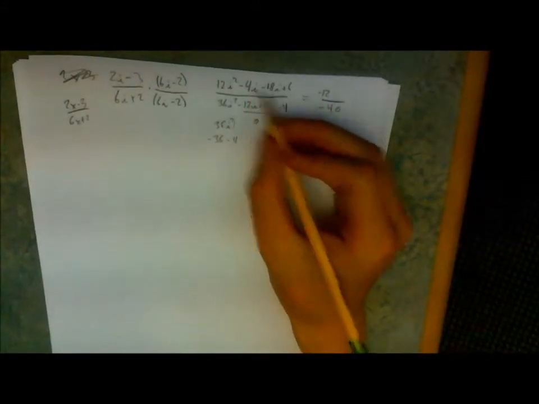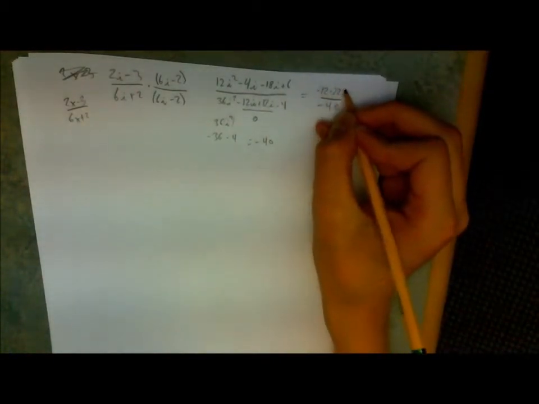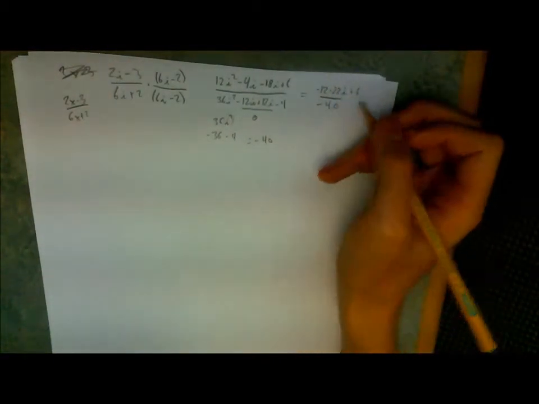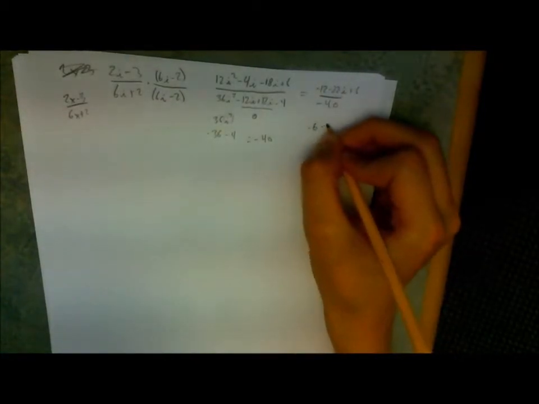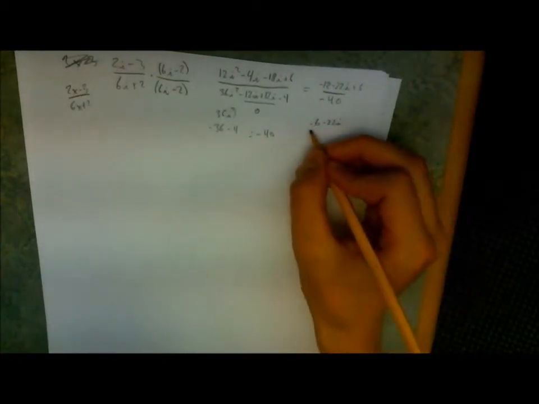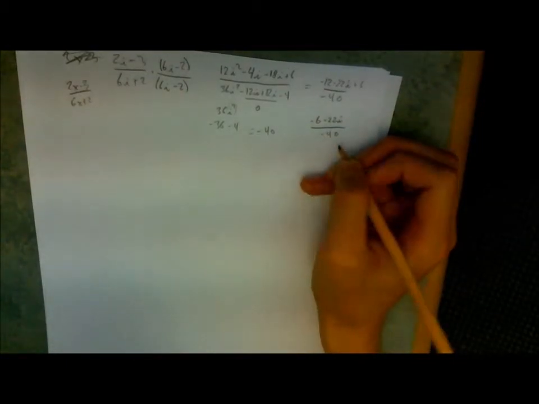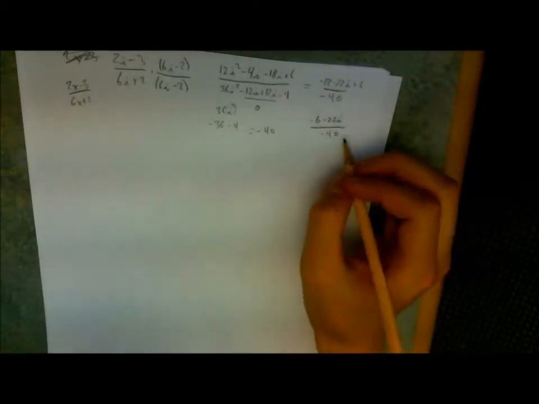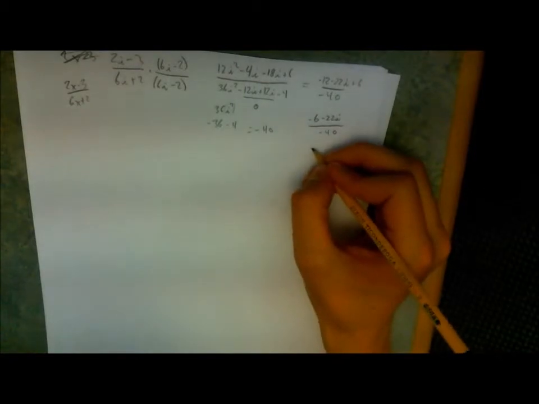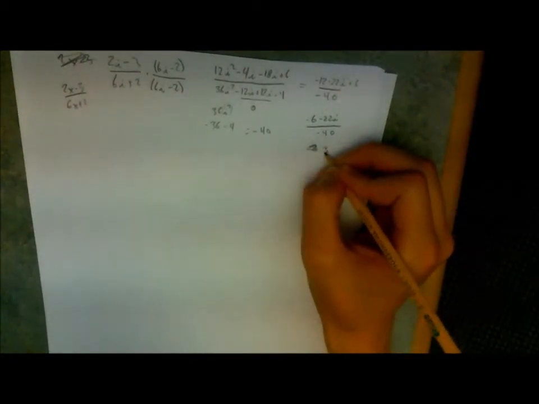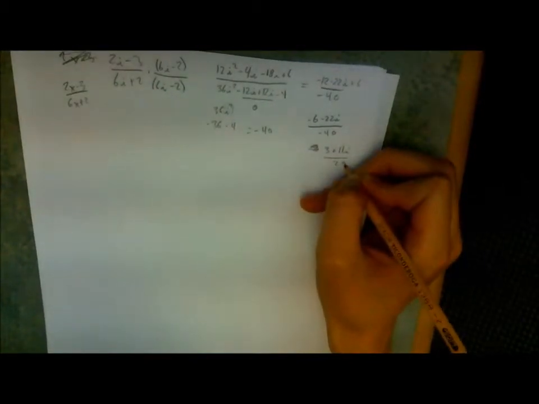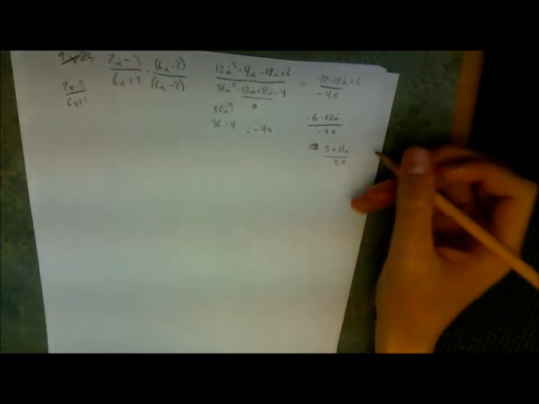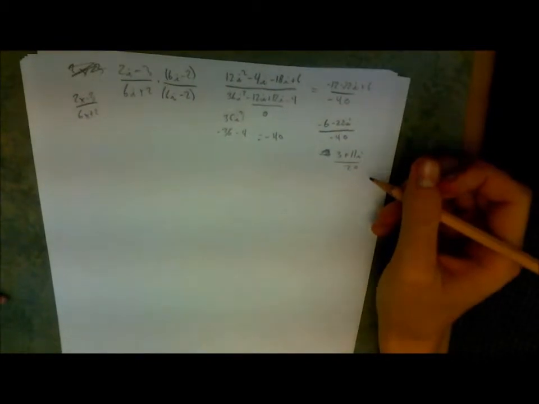And then, combining all the terms, that would be minus 22i plus 6. Simplifying that just a touch would be negative 6 minus 22i over negative 40. Then what we should do is divide by negative 2, which would be positive 3 plus 11i over 20, which would be what we would get for division.